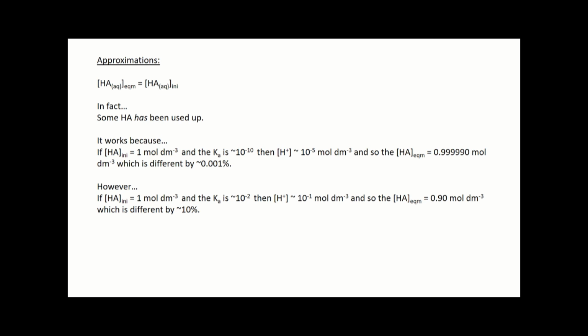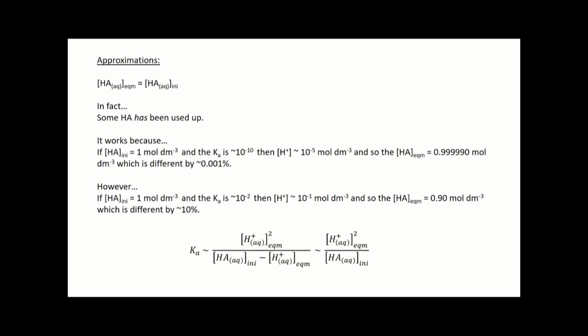So depending on the concentration of H plus caused by dissociation, we can make this approximation if we have something which is sufficiently concentrated but also very weak. If we have something which is a little bit stronger or extremely dilute, then this doesn't work.